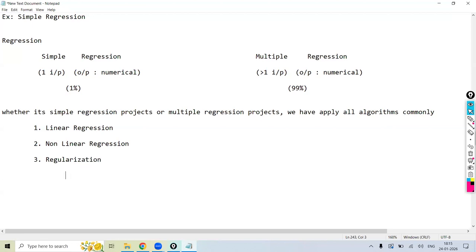In regularization we have lasso regression, which we call L1. Second, we have ridge regression, which we call L2. And third, we have elastic net regression, which is a combination of L1 and L2.